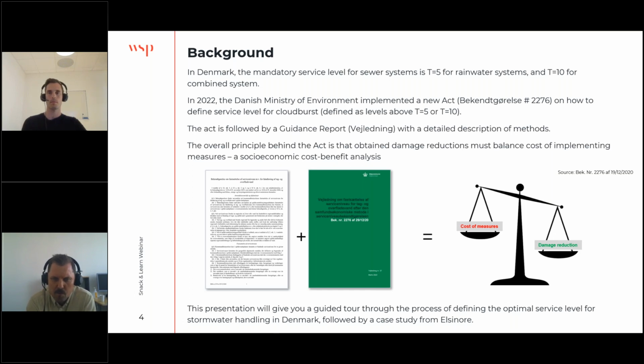I will go through this guidance report in a few steps in a minute, and it is very complicated and very detailed, and I will definitely cut a few corners in order to get the overall point out to you. The overall principle behind this act is that the obtained damage reduction must be balanced by the cost of implementing measure in a socio-economic cost-benefit analysis.